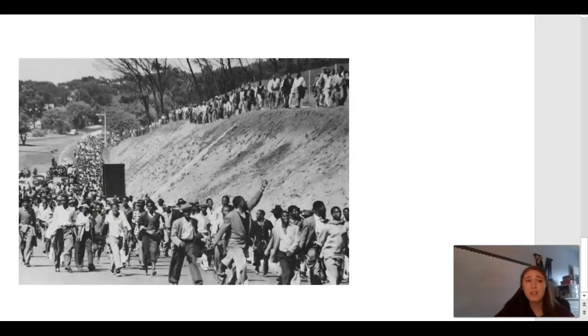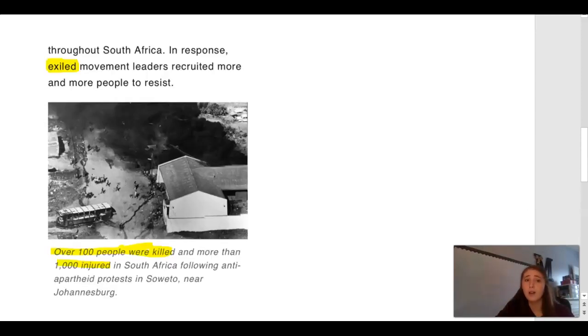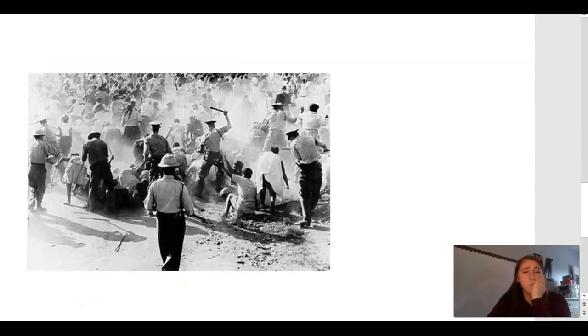So as I look at these pictures, I'm gaining a bigger sense about what's going on. I know that in South Africa at this time, there's harm, there's unrest, there's people harming each other. There's something called anti-apartheid, I don't know. And it's leading to violence.